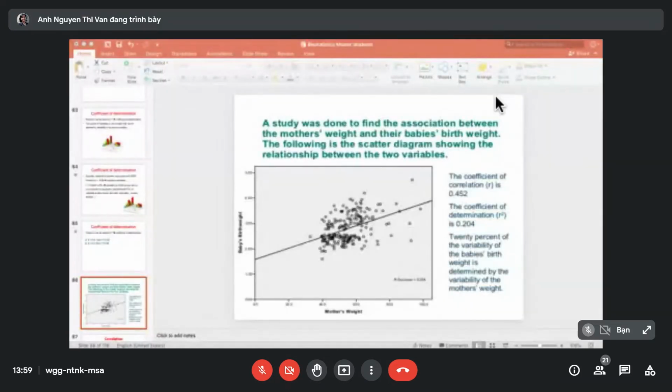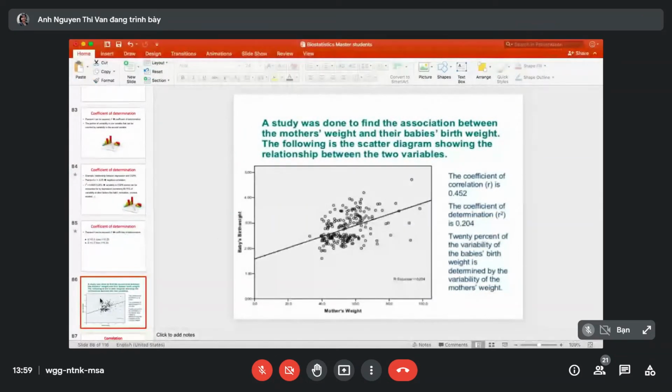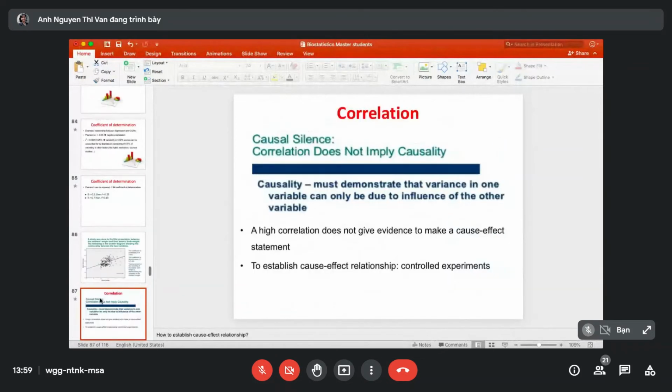So we will see if your understanding is correct or not. In fact, correlation does not imply causality. Remember that. We just find the correlation. Okay, there is a correlation, or there is not a correlation. The correlation is very strong, medium, or very poor.